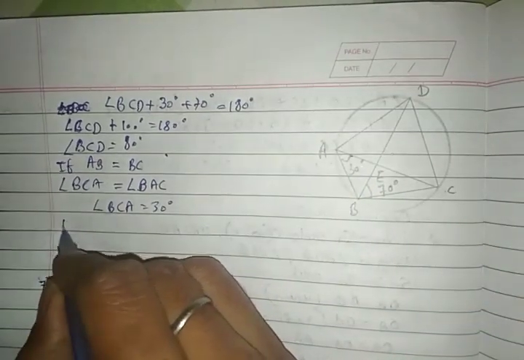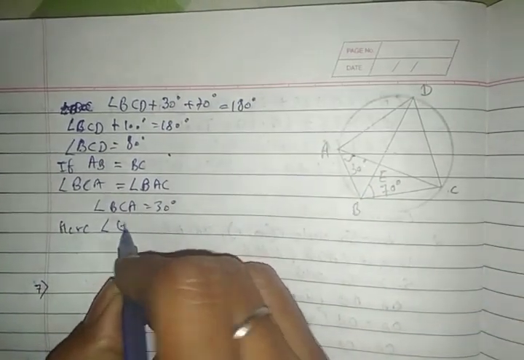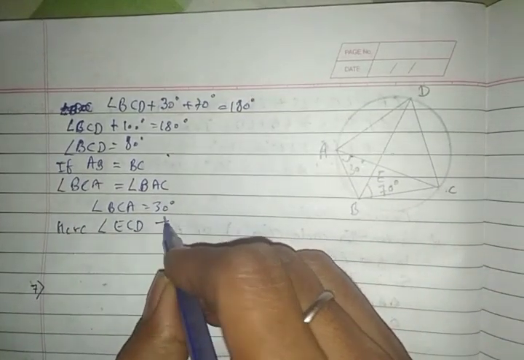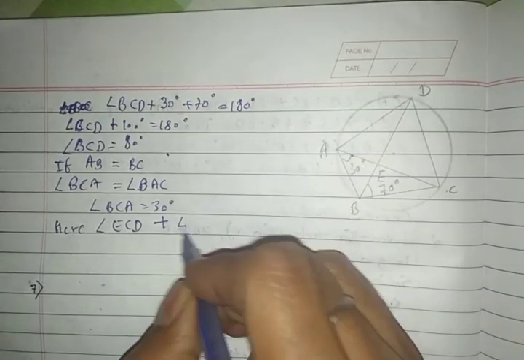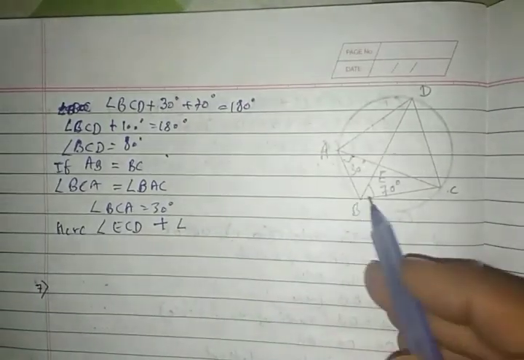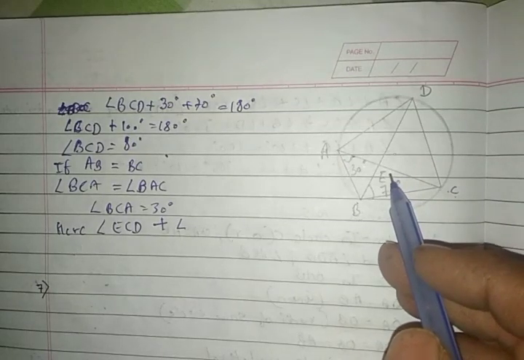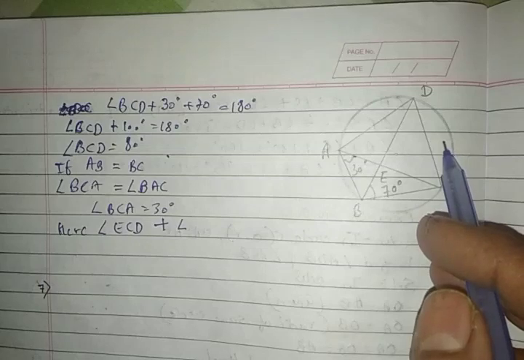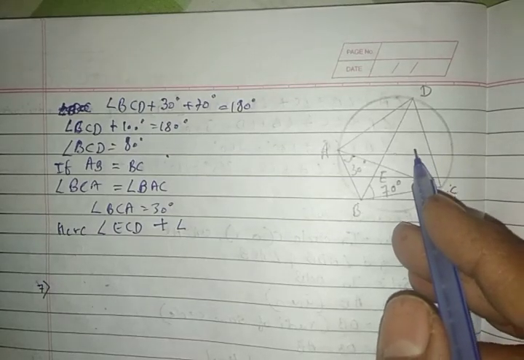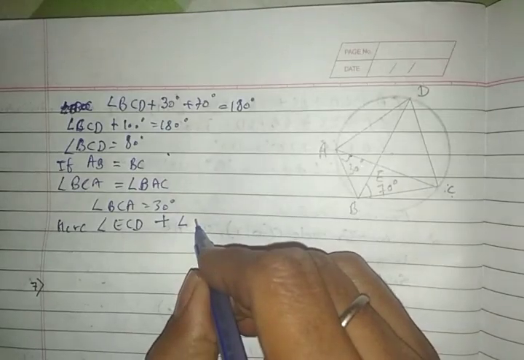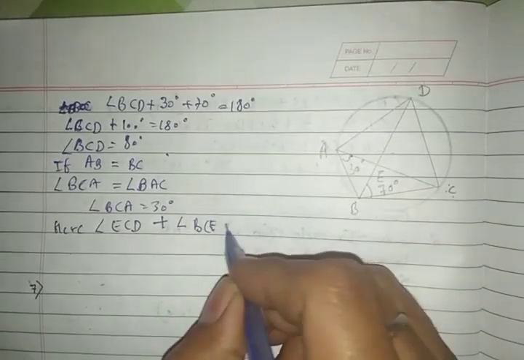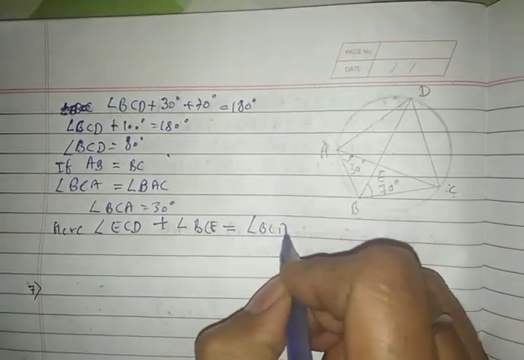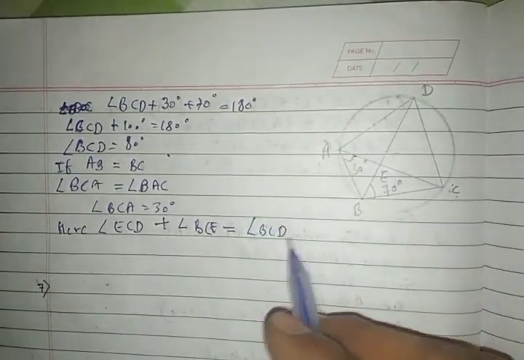Now here, angle ECD is, means if you add ECD plus this BCE and BCD, let's see what we will get. BCE will be equal to angle BCD. How I have written this? See properly.